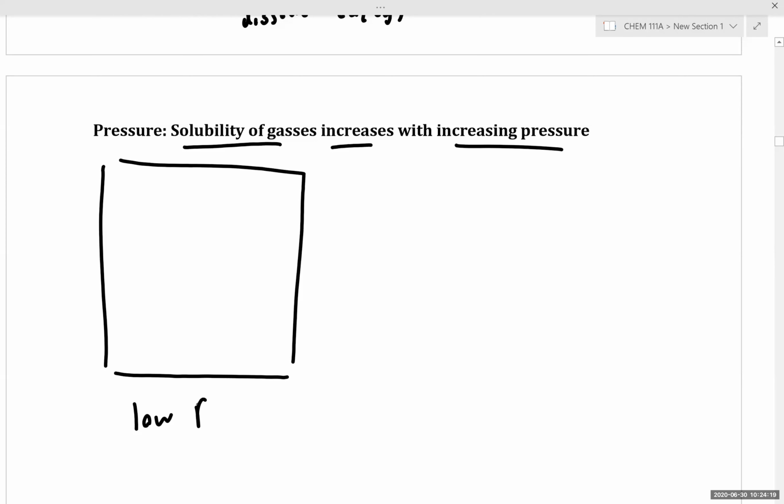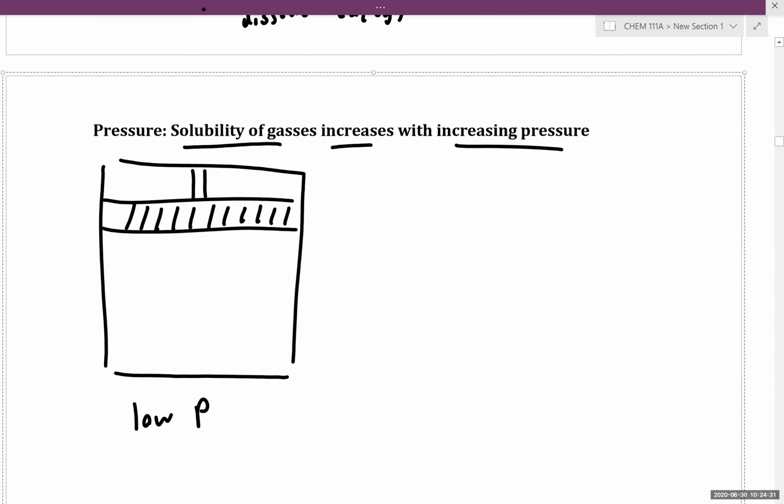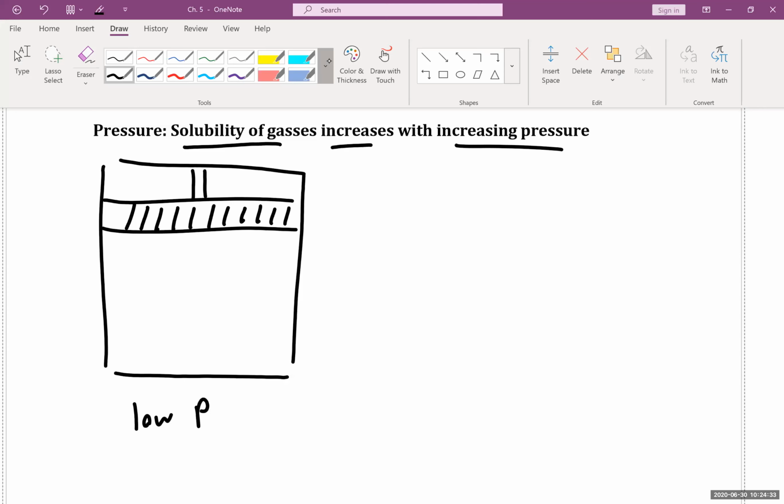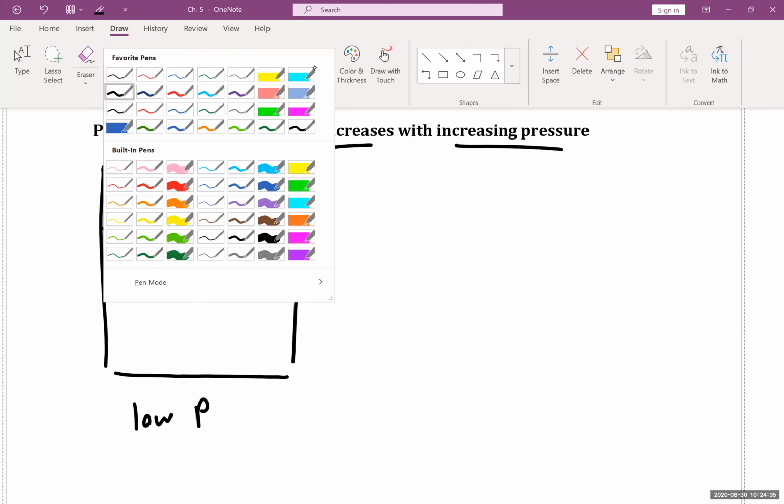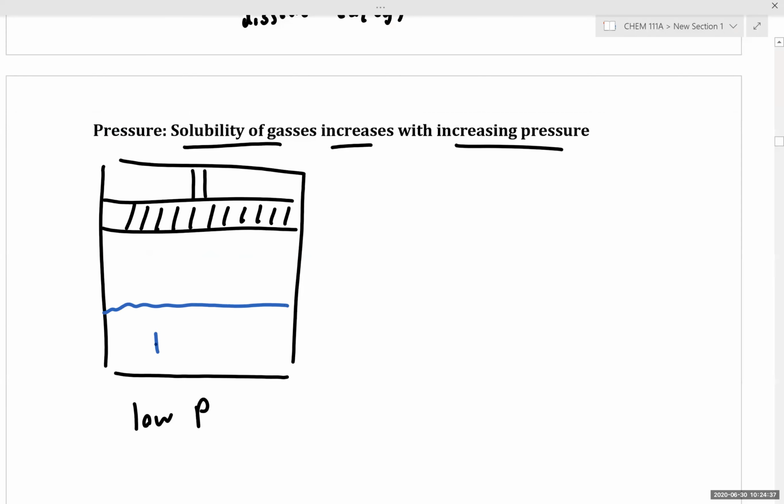So at low pressure, let's pretend we have a piston, and we have some water.